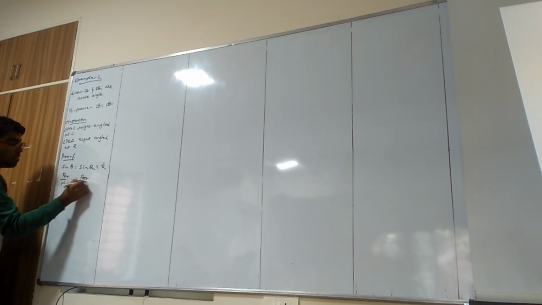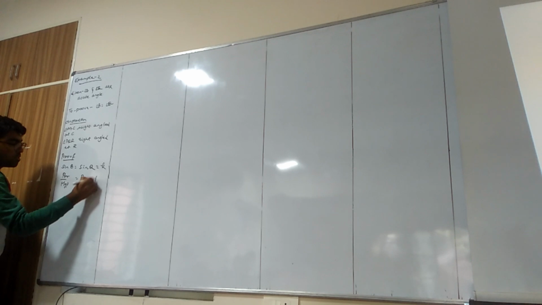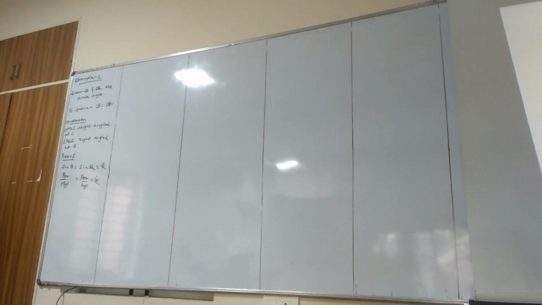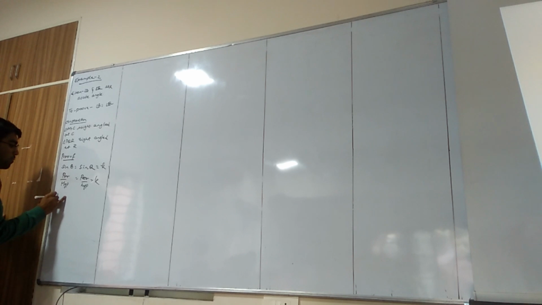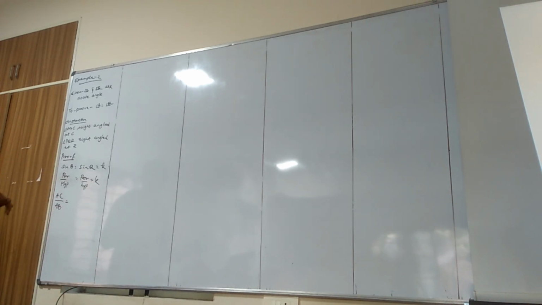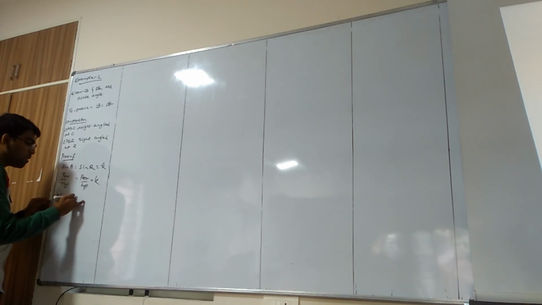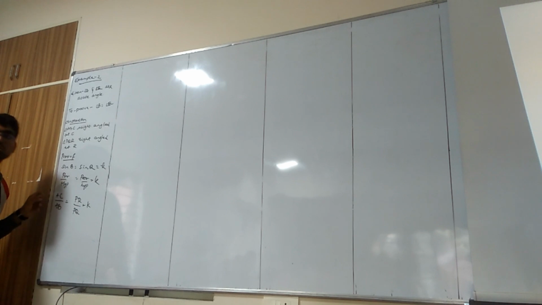Perpendicular by hypotenuse for both the triangles are different, that's for sure. So for the first triangle, AC divided by AB, and AC by PR by PQ is equal to K.